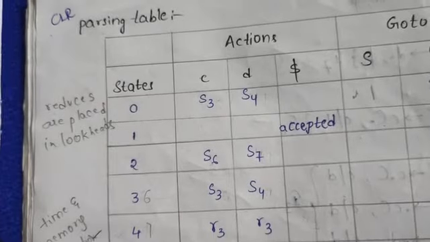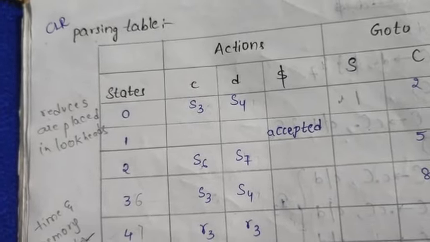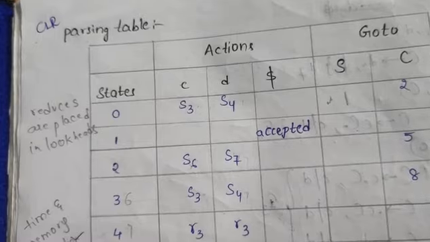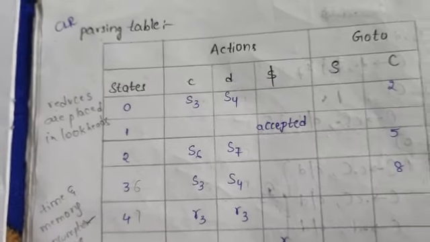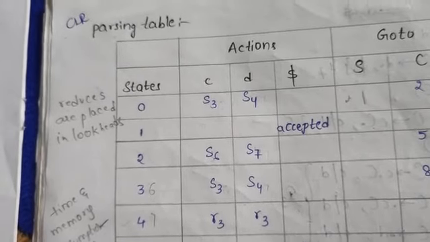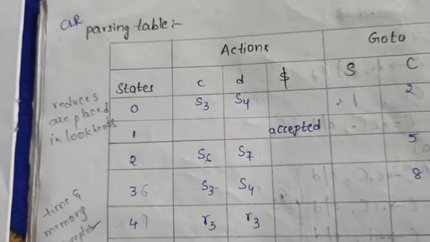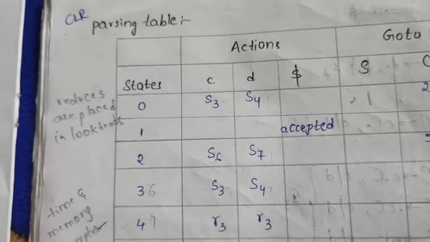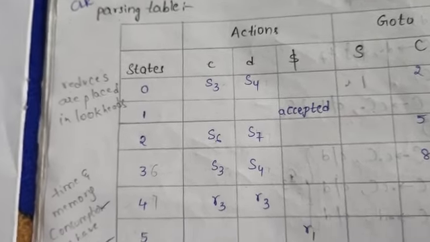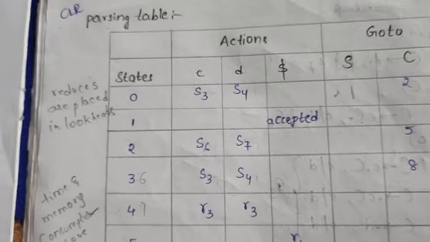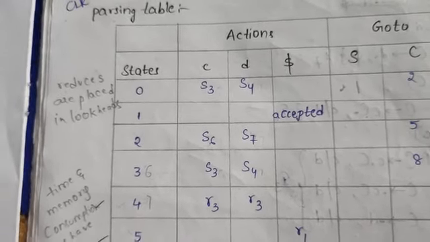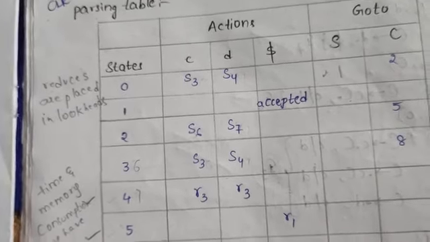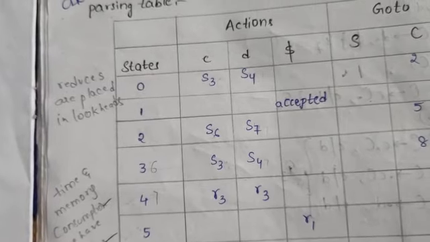Again, in states 3 and 4 we use S3 and S4. Why? Because on the action side we place actions, that means shift, reduce, accept or error. These are the four types of action in the bottom up process. For that reason we are using shift. To place reductions we have some other process. First we will discuss shifts, and then the second one in the first state.